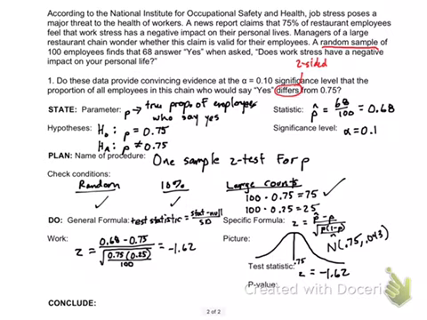There it is. Because we're not sure if the true proportion is higher or lower, we're going to do a two-sided test, which means we want to test both the low end and the high end to see if it's possible that a number like this could have appeared in that case.